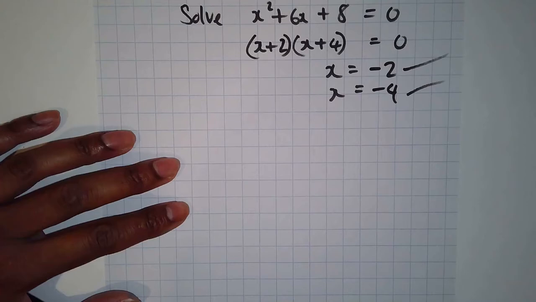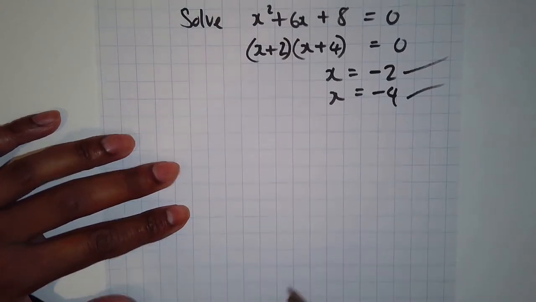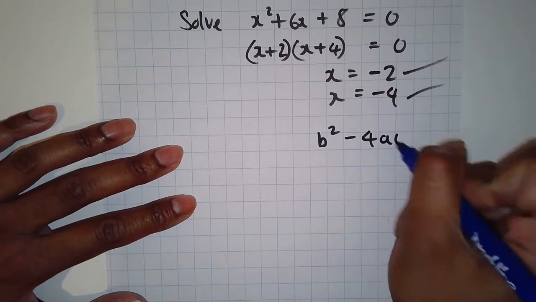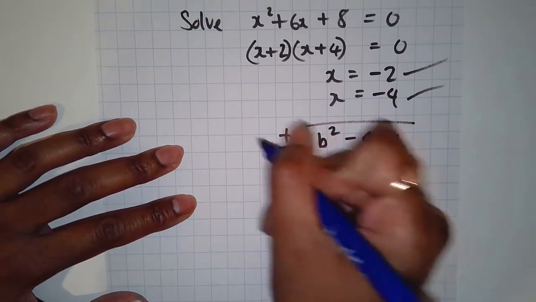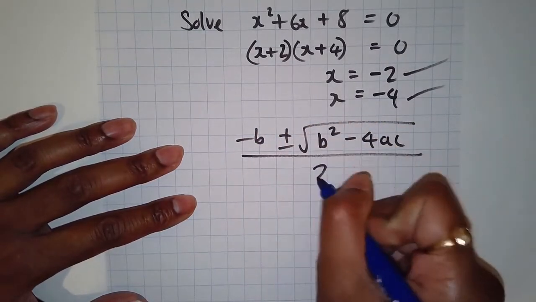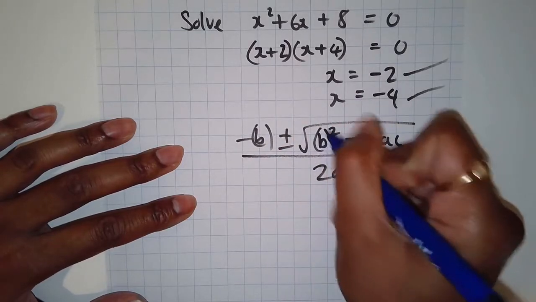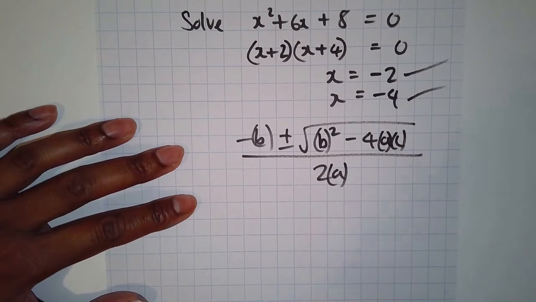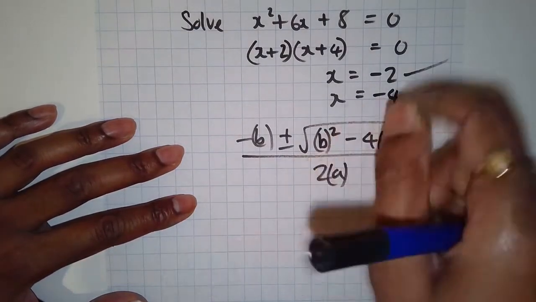The other technique I can use is the quadratic formula, which I've also explained in another video. Here's the formula. I prefer to put these brackets, these containers, and I've explained what I do with these containers in a previous video.